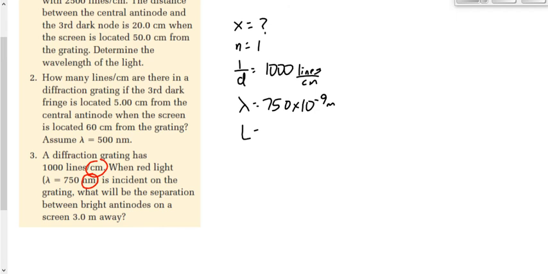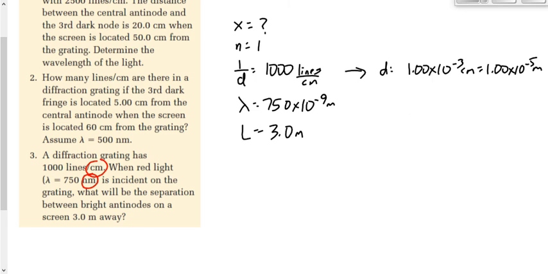And L is 3.0 meters away. Let's find d right away. 1 over 1,000 is 1.00 times 10 to the minus 3 centimeters. Convert that to meters. Divide by 100, 1.00 times 10 to the minus 5 meters. Right? Divide by 100 to go from centimeters to meters. Multiply by 100 to go from meters to centimeters.